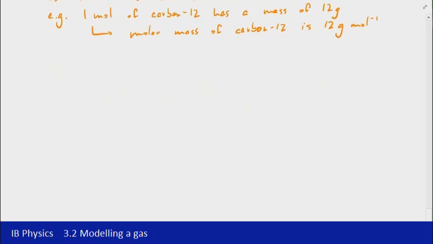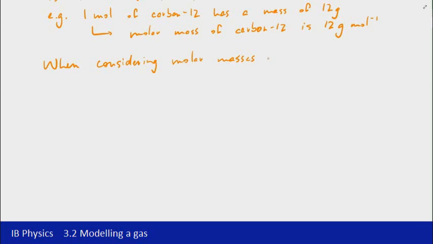Again, this doesn't just apply to gases. It applies to any substance that you're dealing with, but we're specifically looking at gases, so I'll keep using those as examples. If we're then considering the molar mass of certain substances, things like say oxygen gas or water vapor, we can actually combine them if we know what the chemical components are.